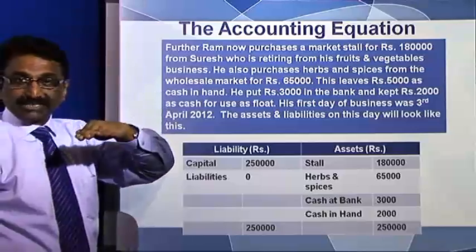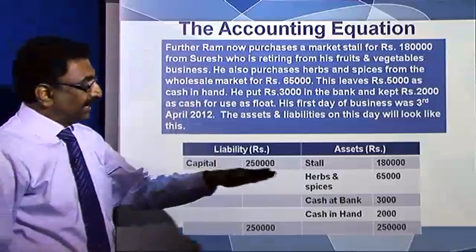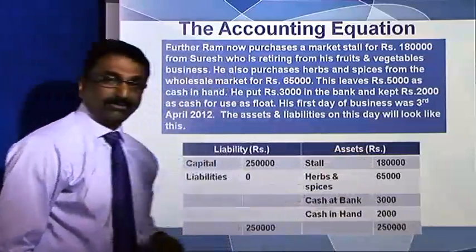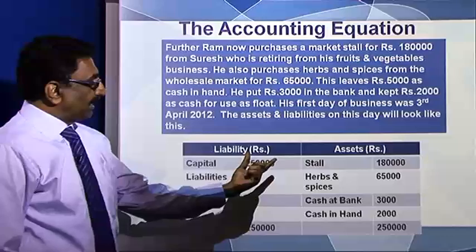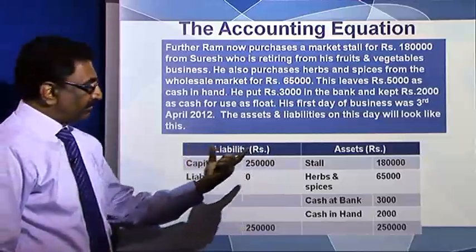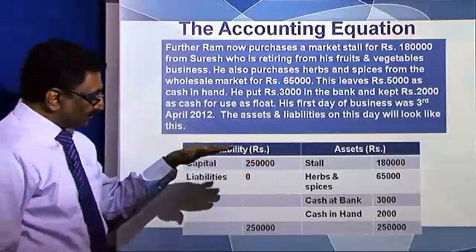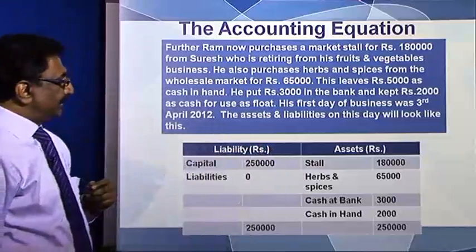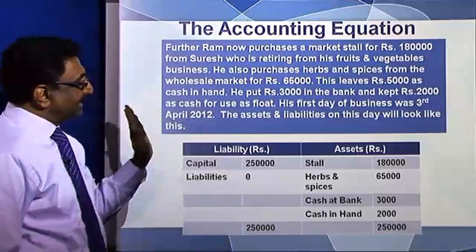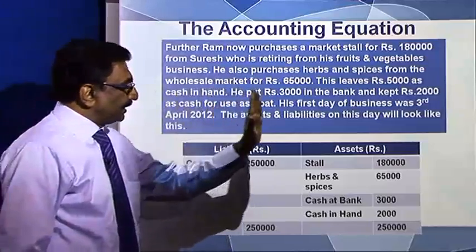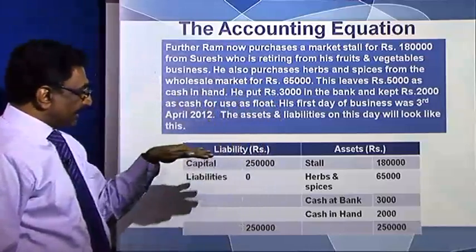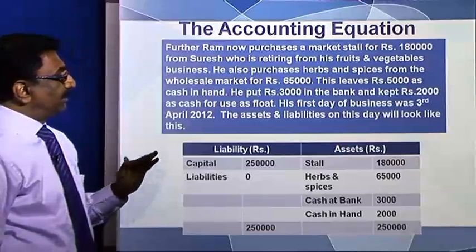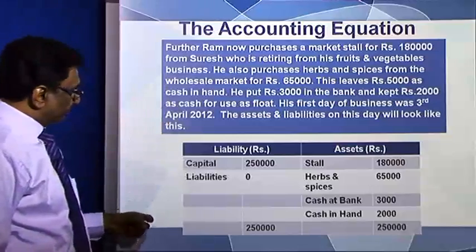So what was cash of 2,50,000 as assets has got split into different assets now, still totaling 2,50,000, and the liability of this business to Ram still remains at 2,50,000. There is no additional loan or money that Ram has put in. So we see that after these transactions, the assets and the liabilities, which is capital plus outside liabilities, are still equal to the assets. Now let's add on a few more transactions.